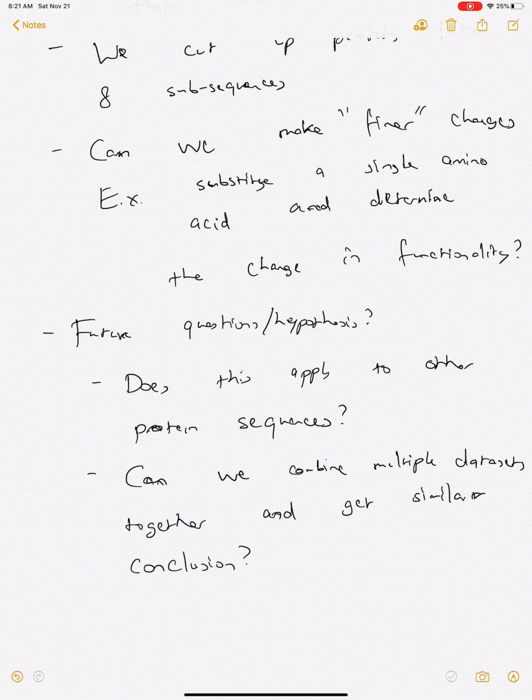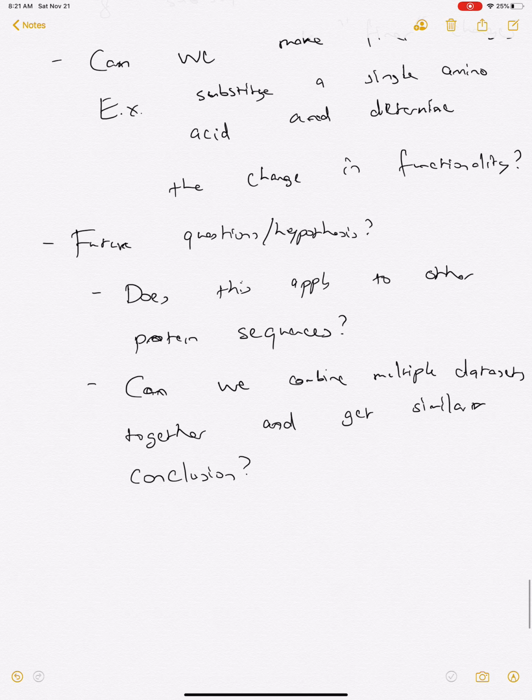If we combine those families together, would we still get pretty similar conclusions to what we have here? This is just a couple of the many different questions that you can ask from a scientific point of view, and potentially develop methods that address those questions too. So there are lots and lots of future questions that you can ask.